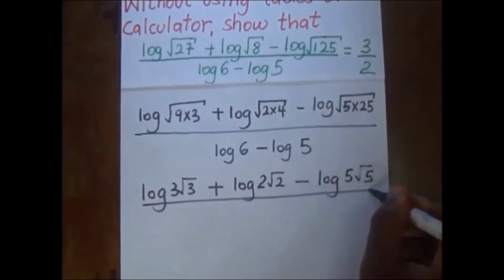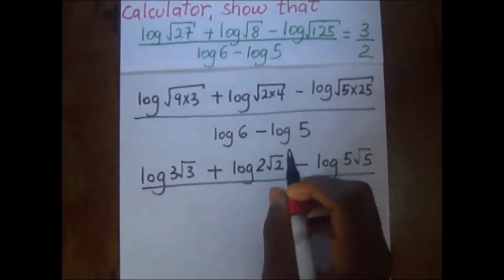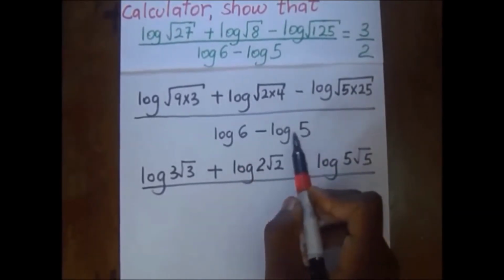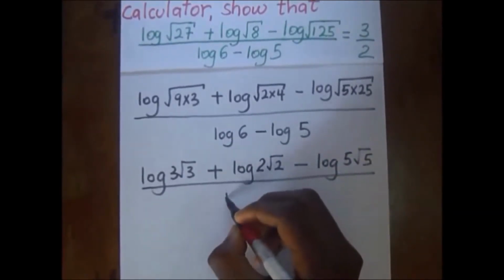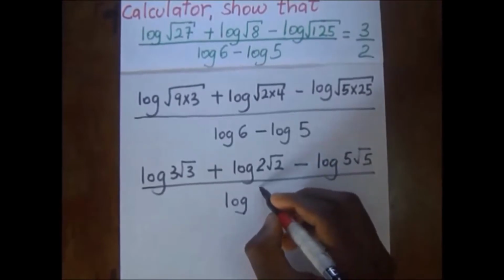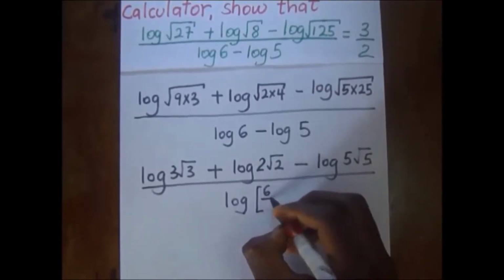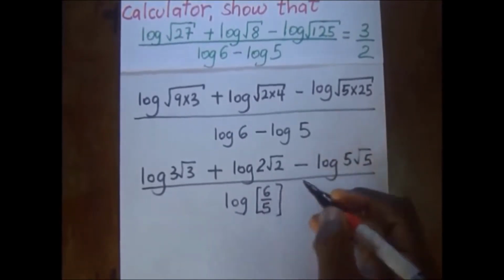All that we are dividing by, now log of 6 minus log of 5, from our law of logarithms, it's going to become the logarithm to the base 10 of 6 divided by 5.